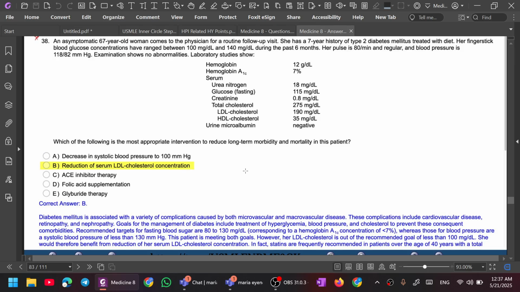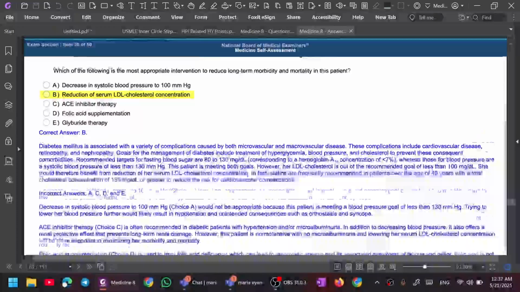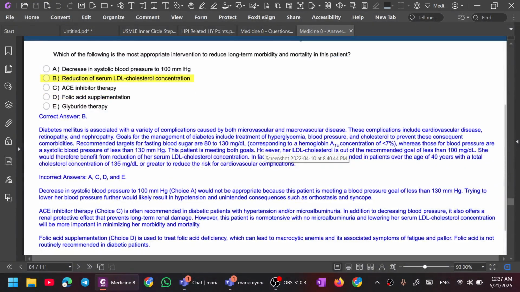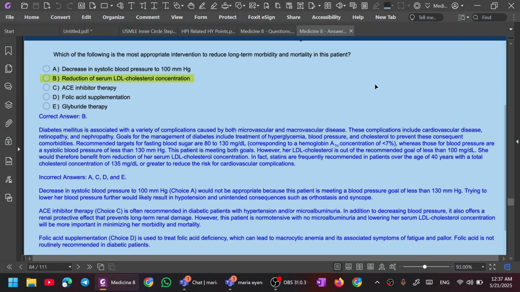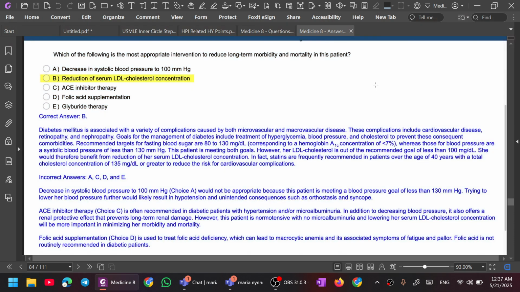Recommended targets for fasting sugar are 80 to 130, corresponding to hemoglobin A1c of less than 7, whereas for blood pressure, systolic less than 130. This patient is meeting both goals. However, LDL is out of the recommended goal, that is less than 100.